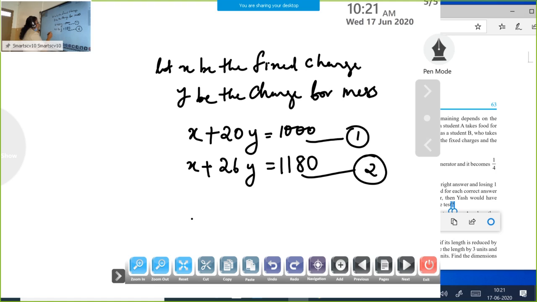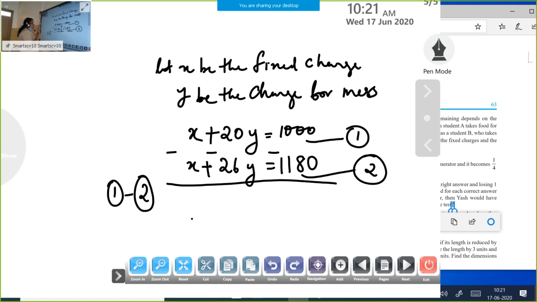Using any algebraic method, it is simple with the elimination method. Here the coefficient of X is equal, therefore we use the elimination method. Equation 1 minus equation 2.